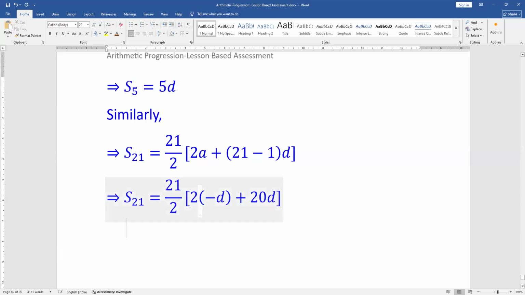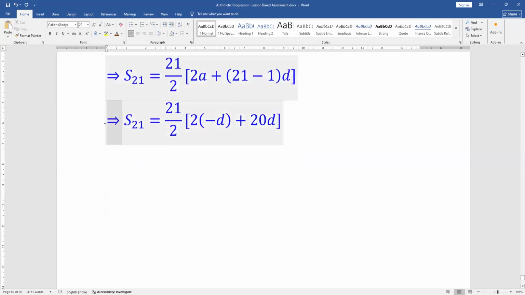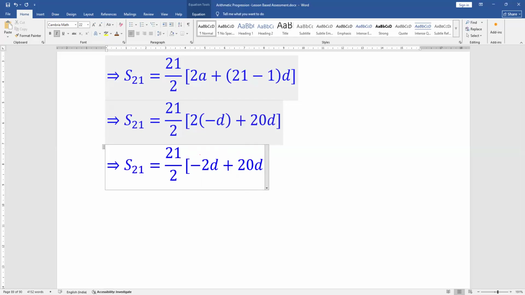Next step. In my next step, I write S21 equals to 21 by 2, bracket open. 2 into minus D is minus 2D plus 20D, bracket close.